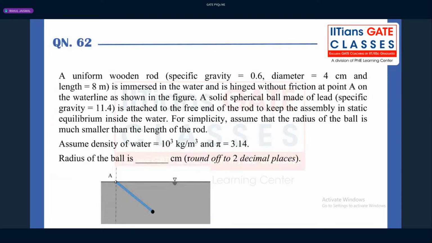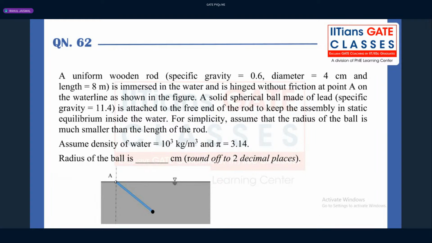Moving to the last question, guys. This is the last question for this particular session, and again this question is being asked from fluid mechanics.